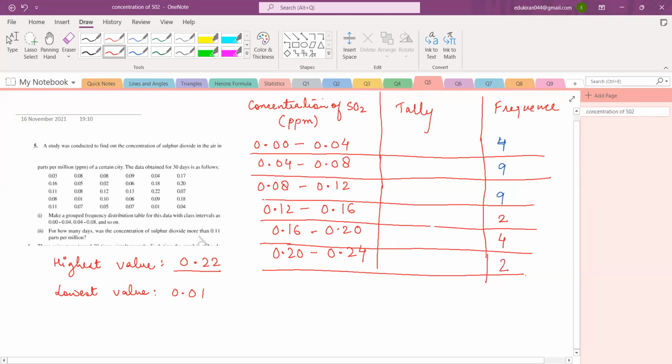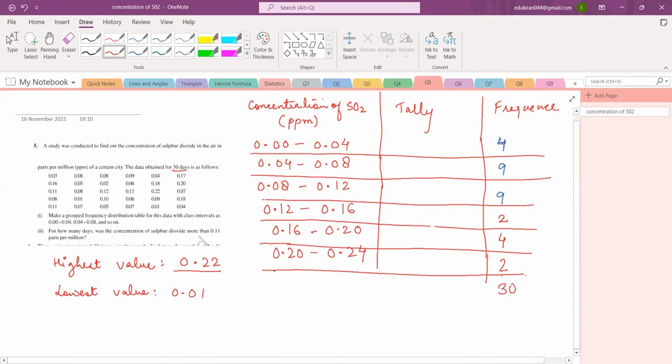Then 2. 2. Okay, so just check the total. It should be 30 because you have a 30-day data, right? So just check 9, 9, 18. 18 and 4 is 22, then 24, 28, and 2, 30. So total is 30. Okay, fine. Miraj, you can complete the tally afterwards. Now I'll come back to the question.